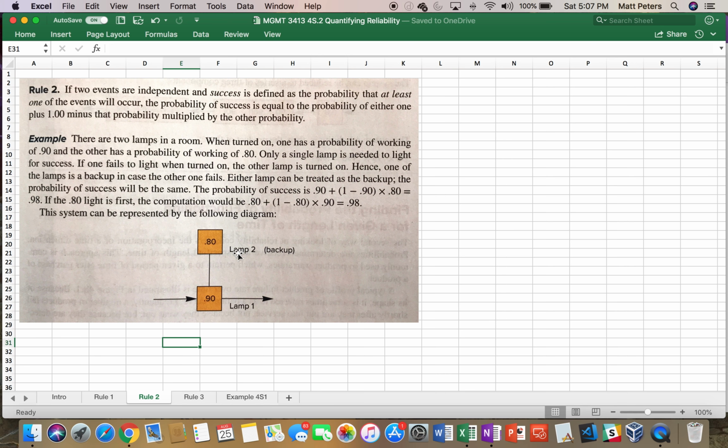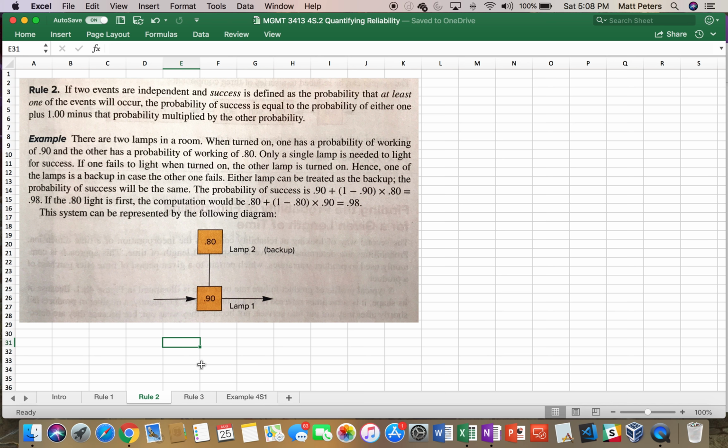In this example, we have two lamps, but you've got lamp 1 and then lamp 2 is a backup to lamp 1. So lamp 1 has a 90% chance of working. If it doesn't work though, lamp 2 will try to work and it has an 80% chance of working. So the success of this system is if either one of these work.